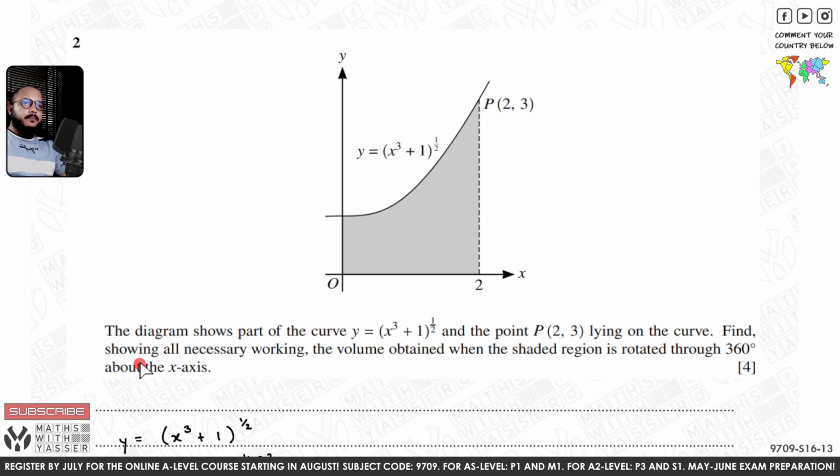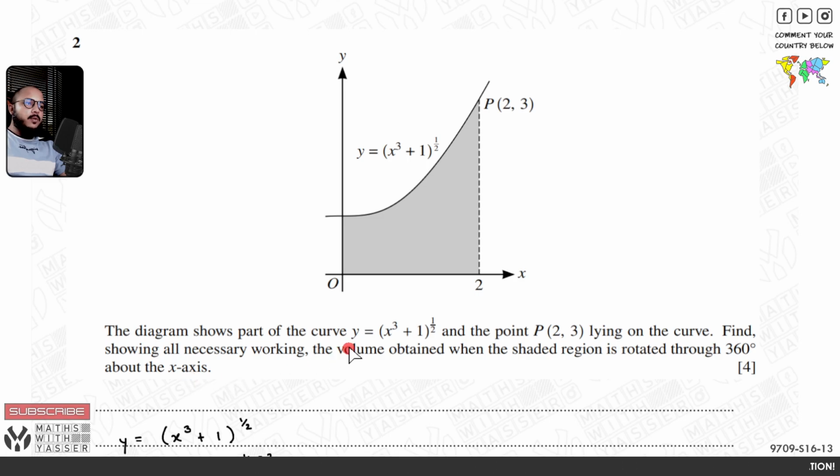Question number 2. The diagram shows part of the curve y = (x³ + 1)^(1/2), and the point P, which is this, is (2, 3), lying on the curve. Find, showing all necessary working, the volume obtained when the shaded region is rotated 360 degrees about the x-axis.